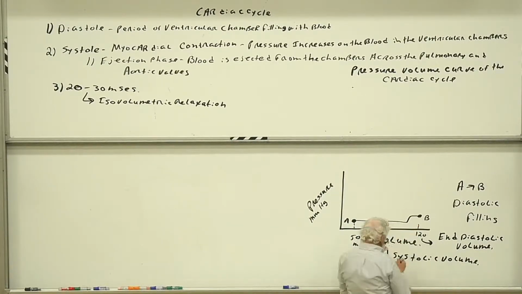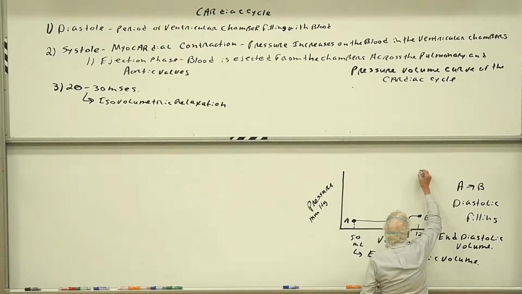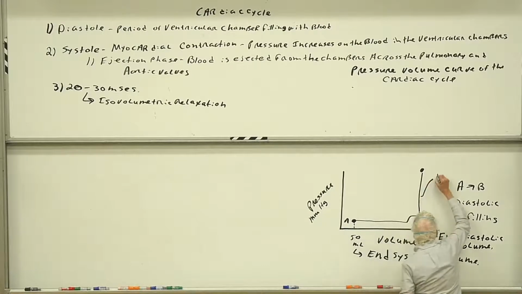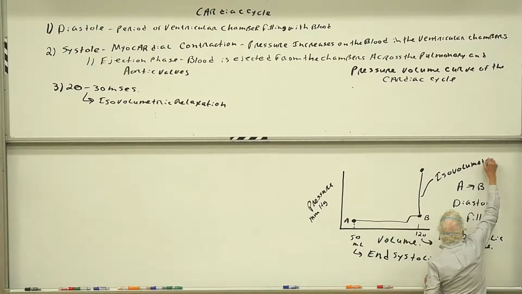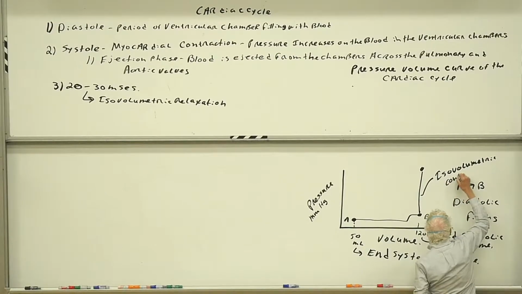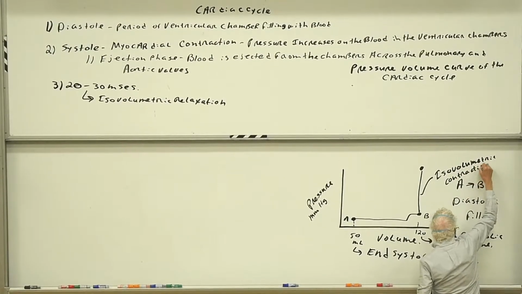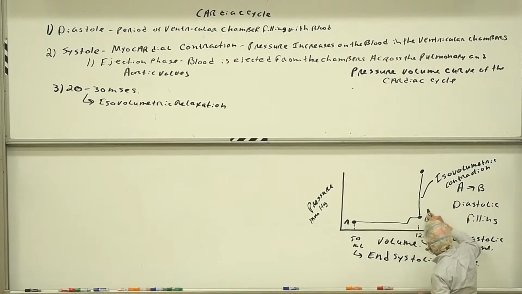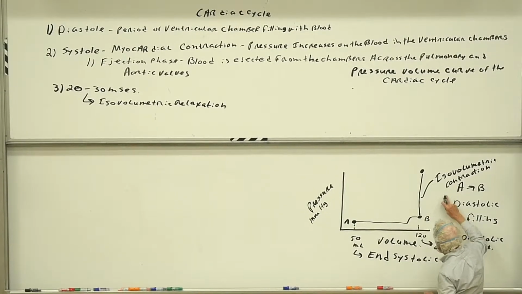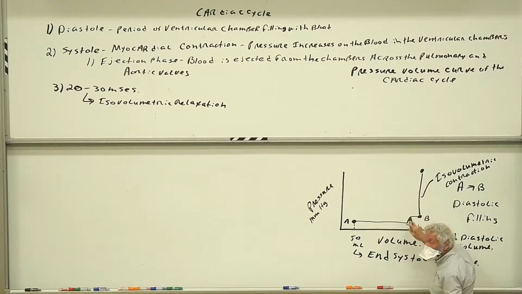Now, from point B to point C, this is said to be the period of isovolumetric contraction. There's meaning in that term, and I have to finish here shortly. This is the isovolumetric contraction. It's telling us the volume's not changing.